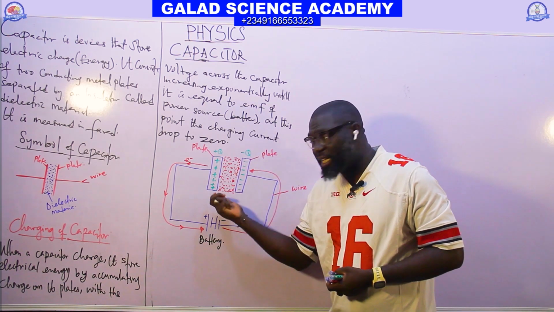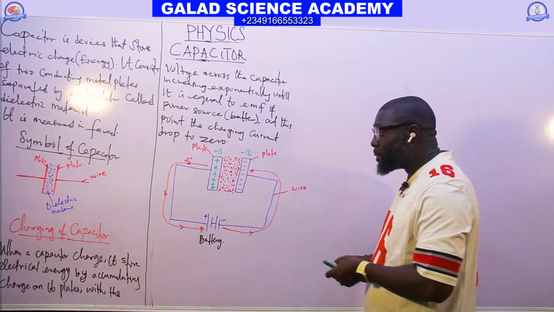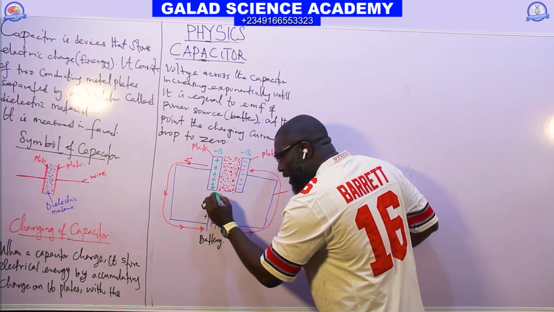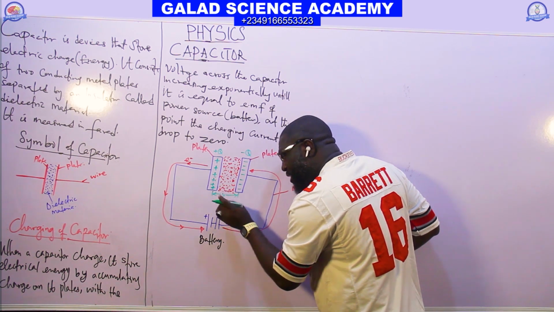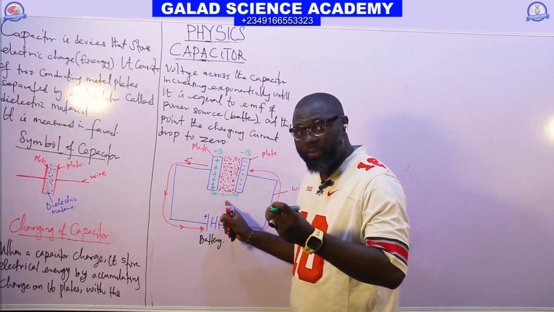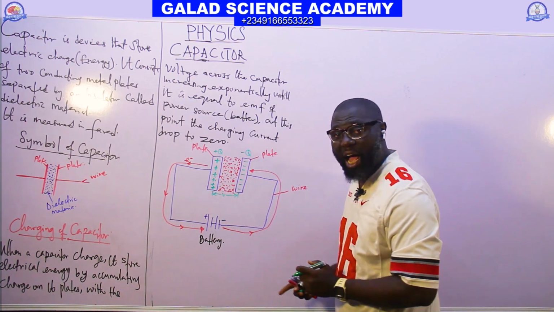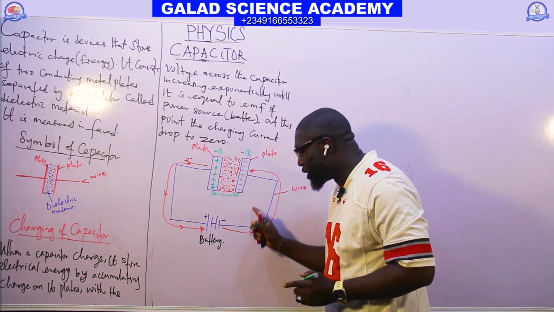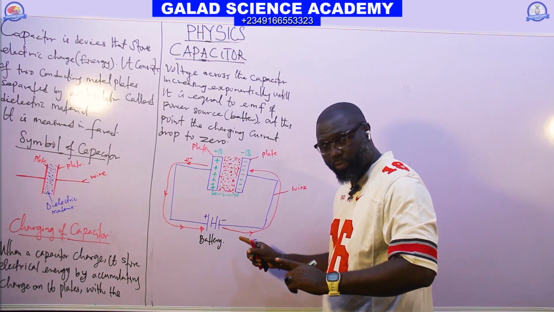As the plates continue to accumulate charge, the potential difference V between the plates will increase. As the potential difference across the capacitor increases, the current flowing in the circuit will be reduced.